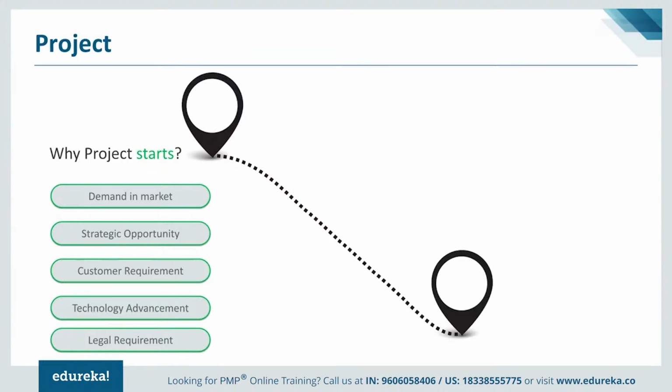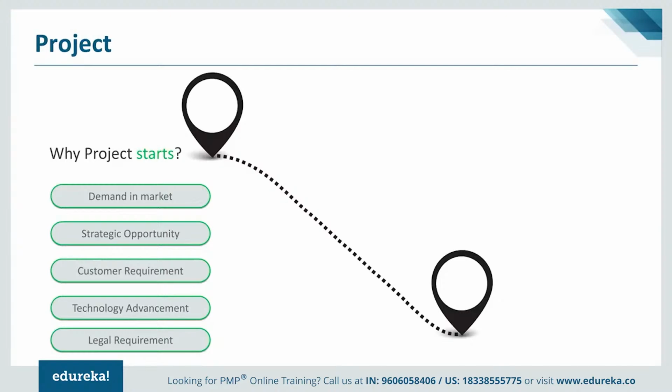One reason could be demand in the market. As I gave you the example of the market research project, it could be decided to analyze the demand in a particular market. And once you analyze the demand in a particular market, then you would launch a product. The example that I was quoting was basically a market research project that was undertaken for a pharmaceutical company so that they can launch a pharmaceutical product into that market.